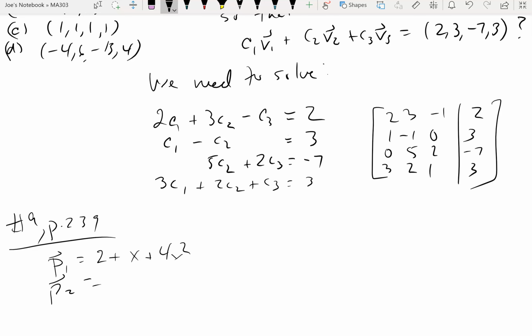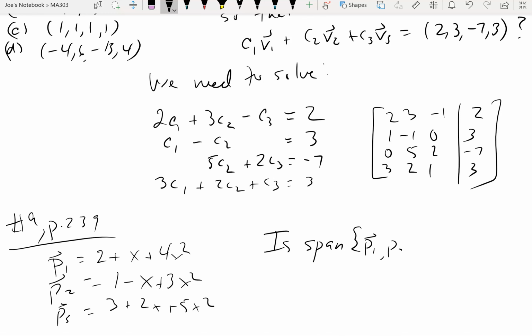P2 is equal to 1 minus x plus 3x squared. And P3 is equal to 3 plus 2x plus 5x squared. And I'm going to ask instead, is the span of P1, P2, P3, that's a P, not a B, equal to all of P2?